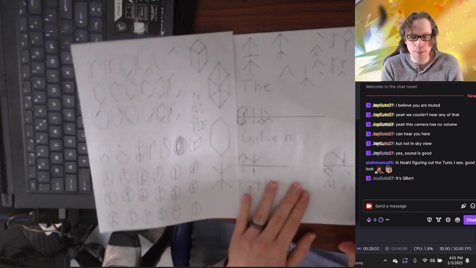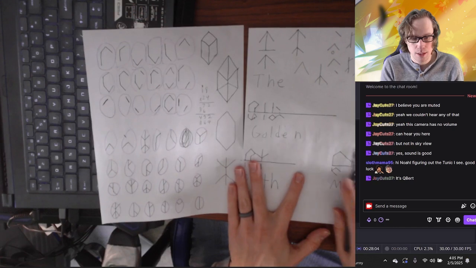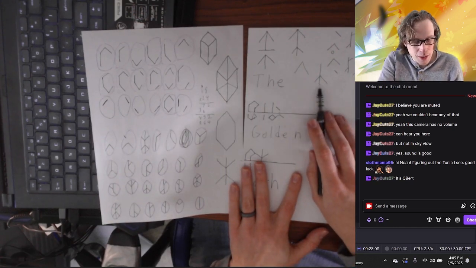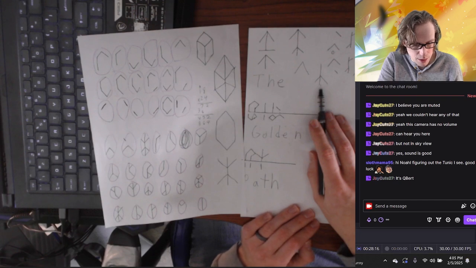Because basically what I'm saying is, this symbol alone is a... Include this symbol, it's the... This actually might make sense.